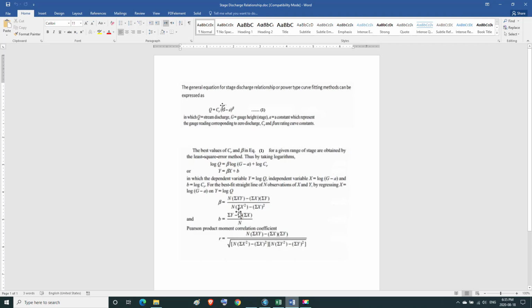The best values of CR and beta in equation 1 for a given range of stage are obtained by the least square error method.